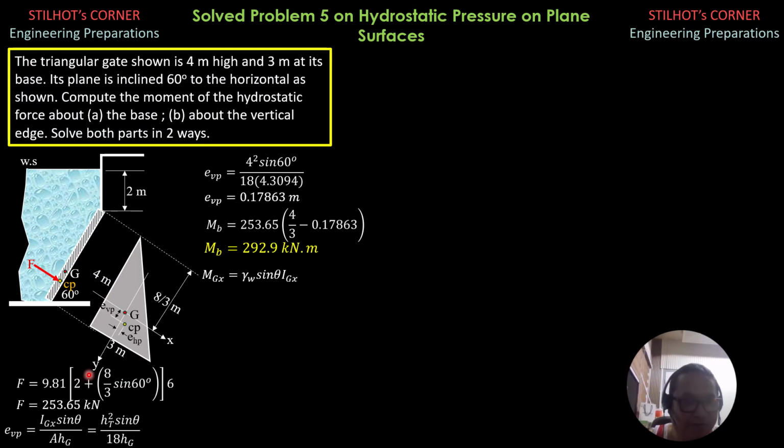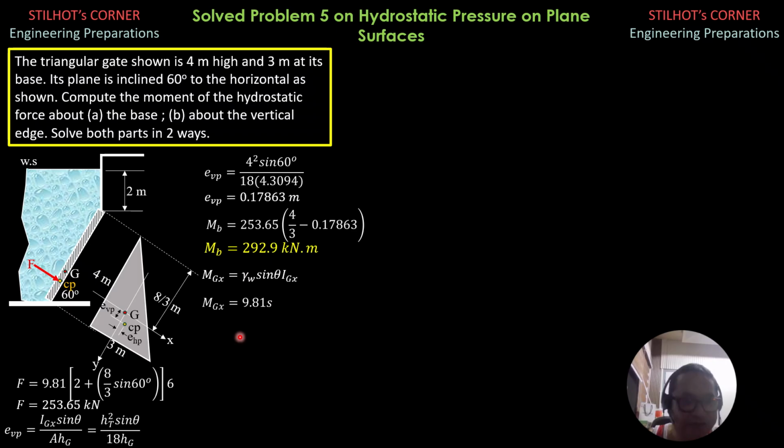So if we imagine that the force is acting at G and there is a corresponding MGX, that moment about the centroidal x-axis is opposite to the moment of the force about the base. So therefore, this is subtracted from the moment of the force acting at G about the base.